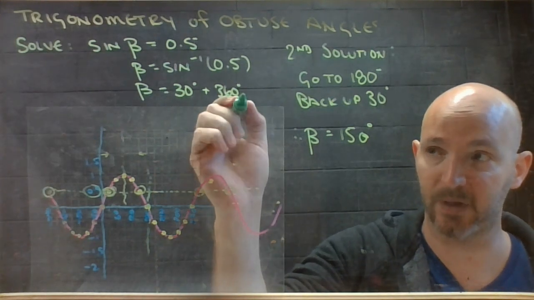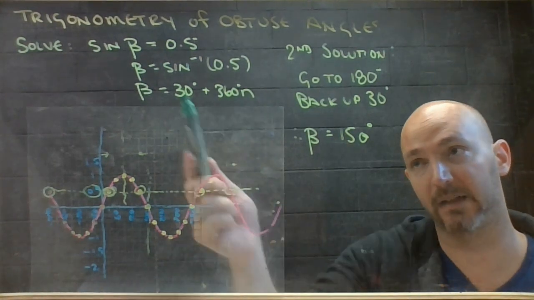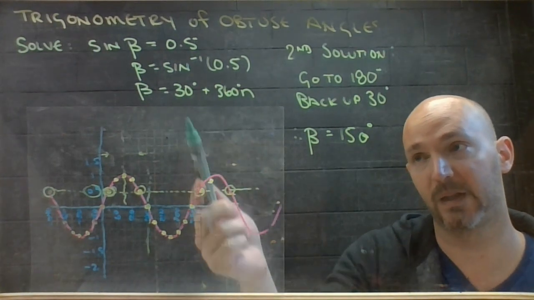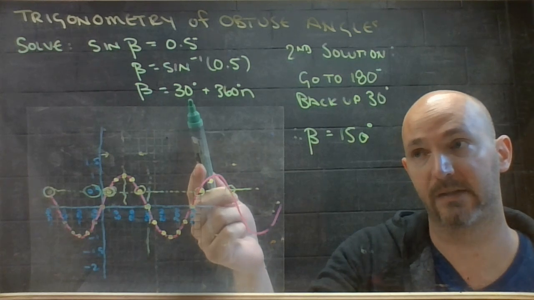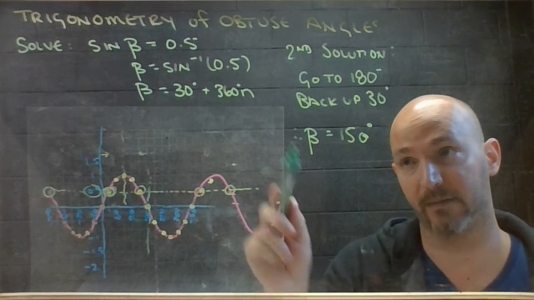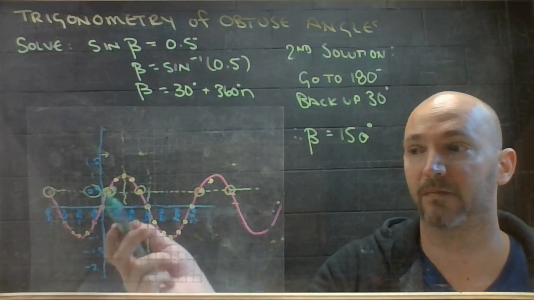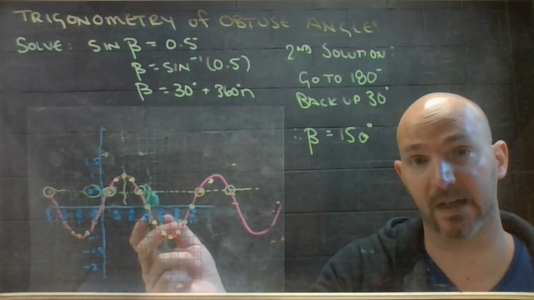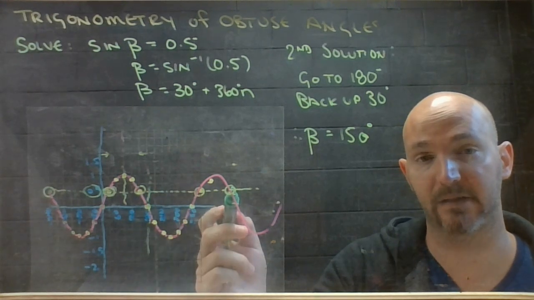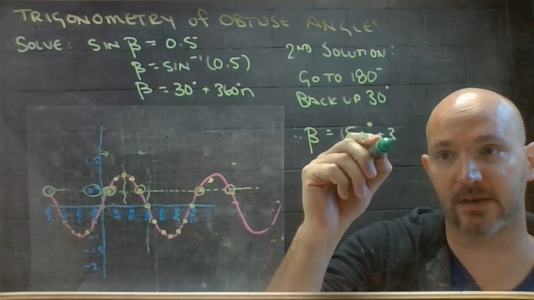So I'm going to put a little variable on here saying this is true at 30 degrees and every 360 degrees after that, taken as many times as you like. Well, the second solution also repeats every 360. So I'm going to have to tack that on there too.